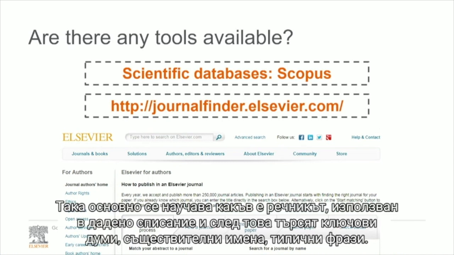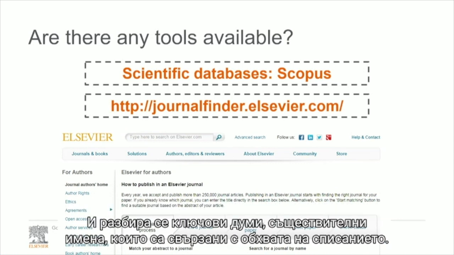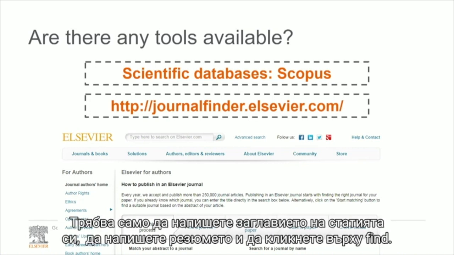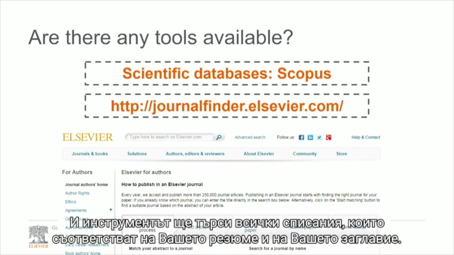So it basically learns what language is used in a given journal, and then it looks for keywords, for nouns, for typical phrases, and of course for nouns which are associated with the scope of the journal. And then you simply type in your title, you type in your abstract, and you click Find, and it will look up all journals which match your abstract and your title.